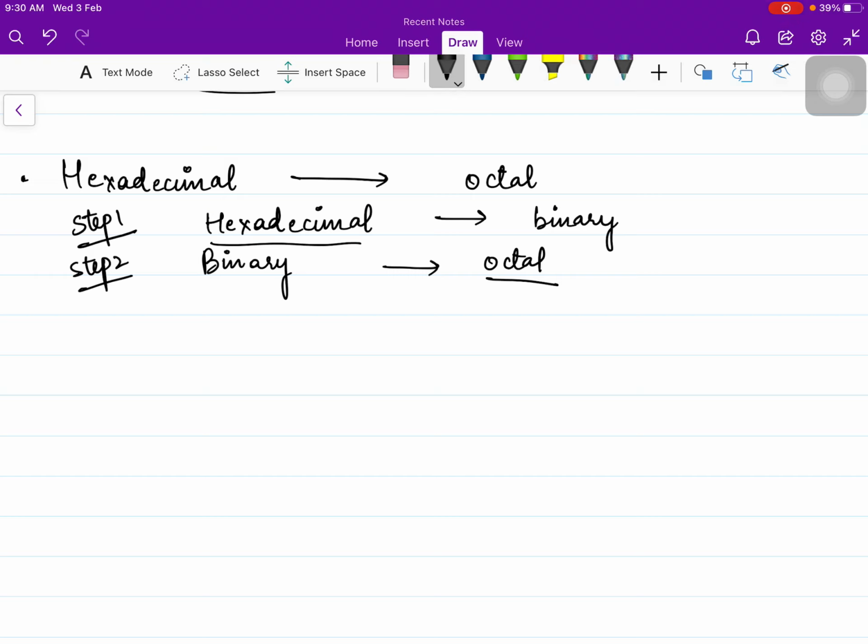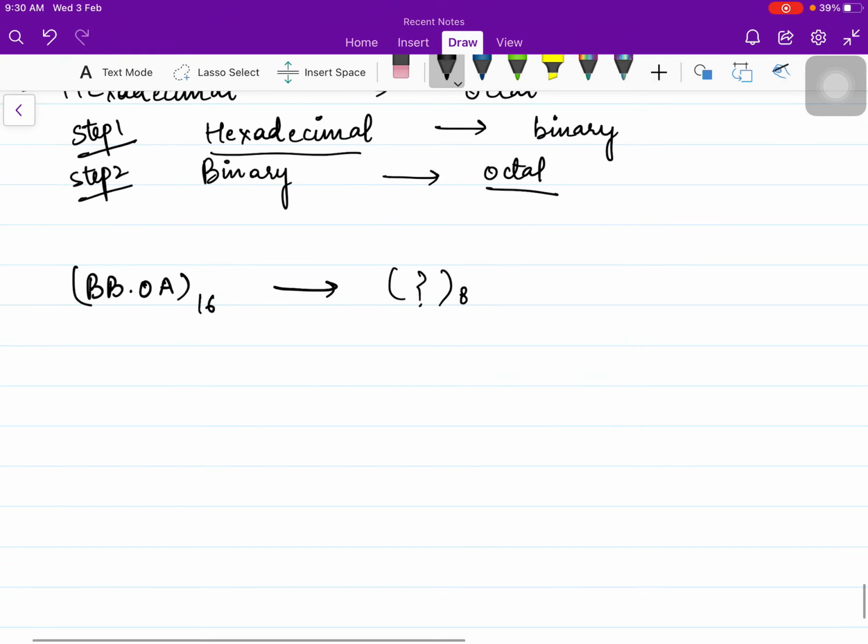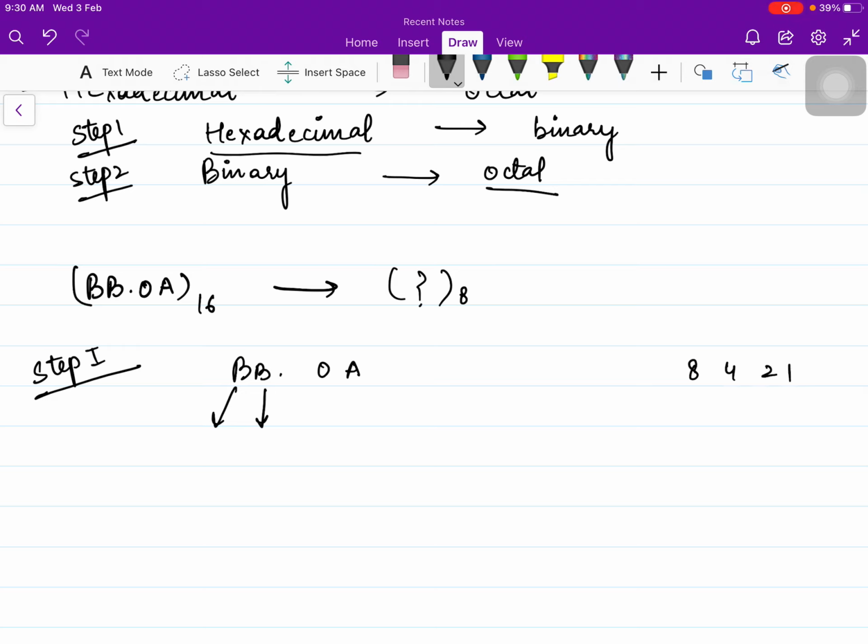So let us take an example. BB.0A in hexadecimal has to be converted into octal. So the first step would be to convert hexadecimal to binary. That is very simple. We will use the set 8421 and B represents 11.